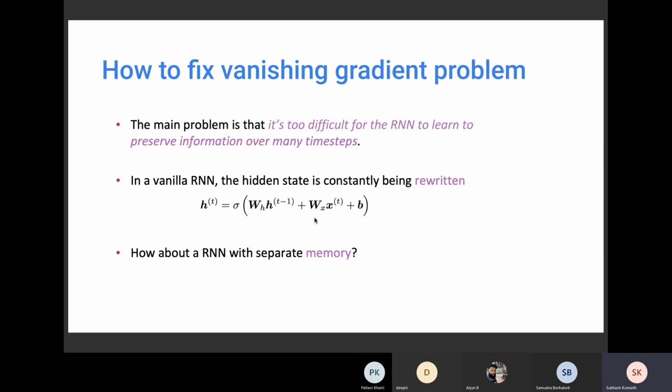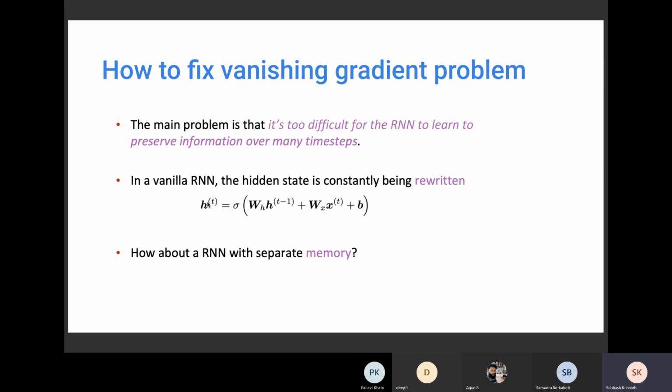And how to fix the vanishing gradient problem? We have seen that in vanishing gradient, the RNN is not learning long-term dependencies. In the normal vanilla RNN, the hidden state is getting updated at every step, and there is no control over how much it needs to be updated.